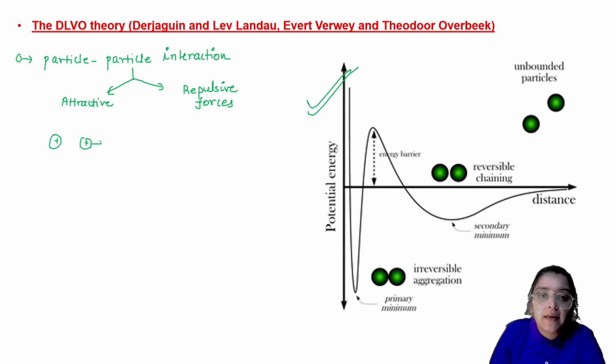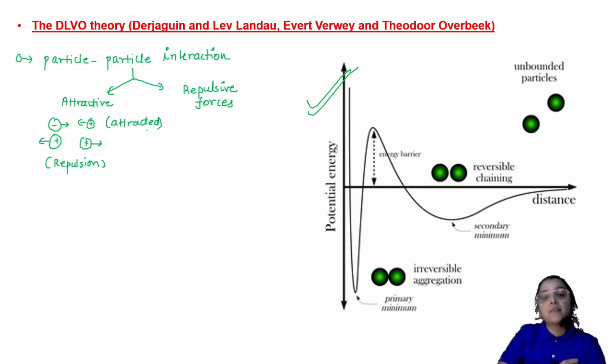So this shows the repulsion between the particles, and if the particles are unlike, with different charges, then the particles are attracted towards each other. Alright, so this is based on this type of particle-particle interaction.